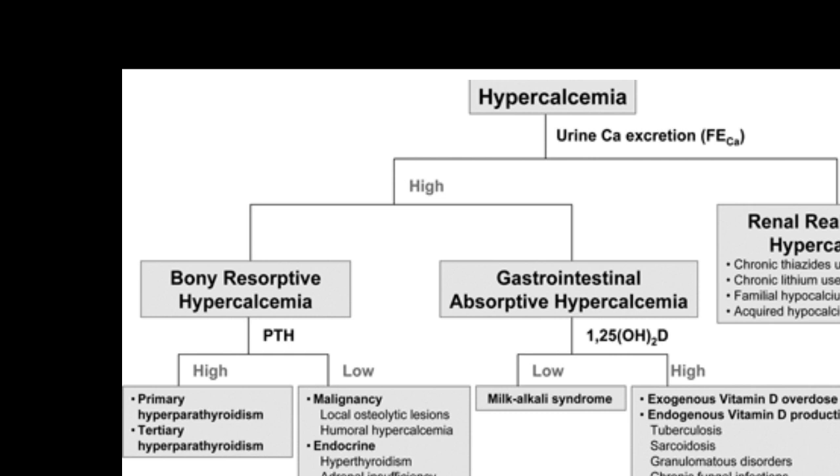Hypercalcemia can occur if the patient's urinary calcium excretion is more, and particularly if the urinary excretion is more, it can be due to abnormality of the bone metabolism, due to parathyroid hormone abnormality. The parathyroid hormone abnormality could occur due to primary hyperparathyroidism, or hyperparathyroidism produced as a secondary effect of drugs.